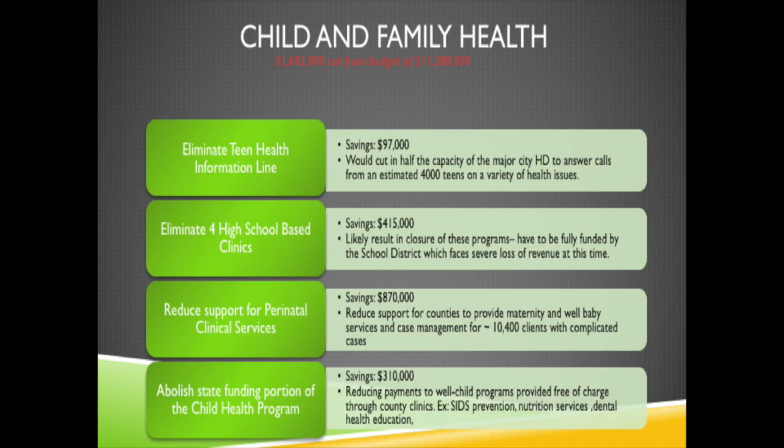Now, for example, here, the idea is that it would eliminate the teen health information line. It would eliminate 4 high school-based clinics, reduce support for prenatal clinic services, and abolish state funding portions of the children's health program. But it also lists the savings for each of these budget cuts in these different areas.